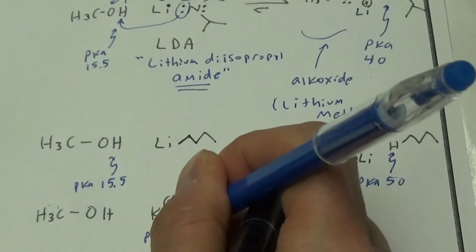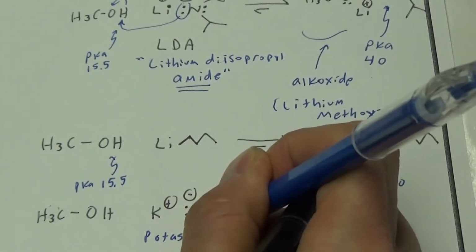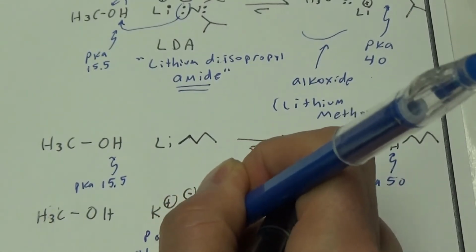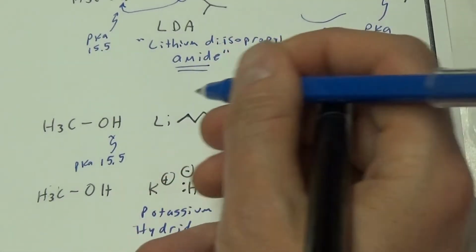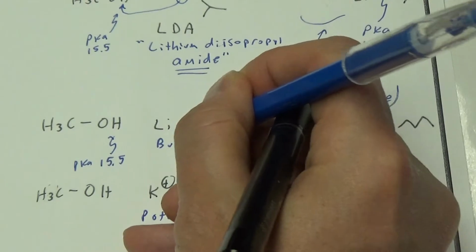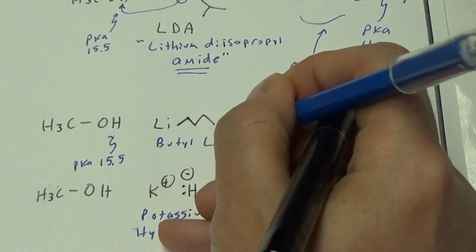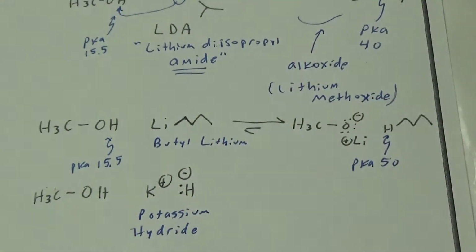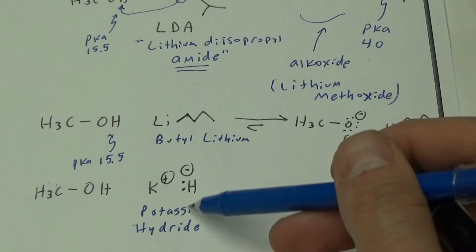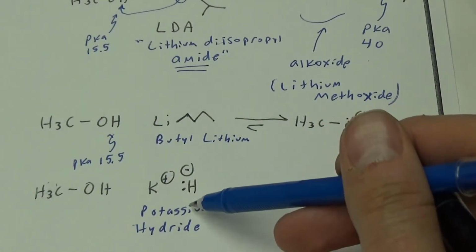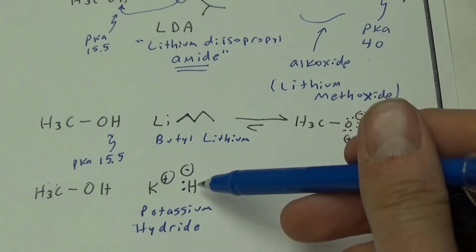It's called potassium hydride. This is butyllithium. We talked about the different kinds of hydrides last lecture.